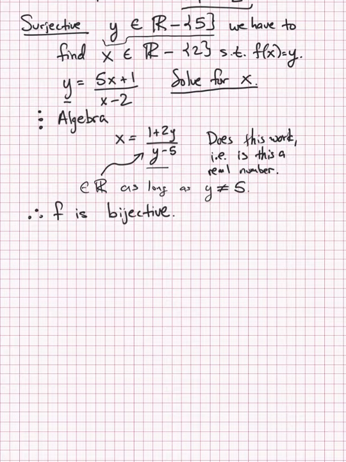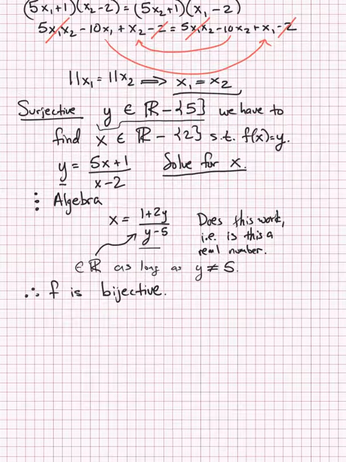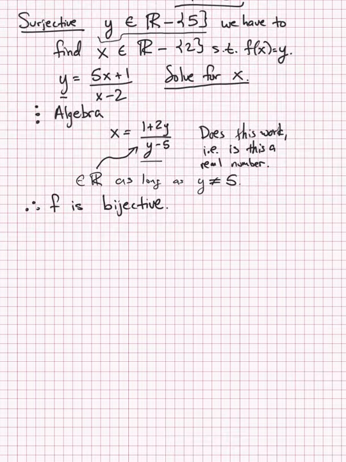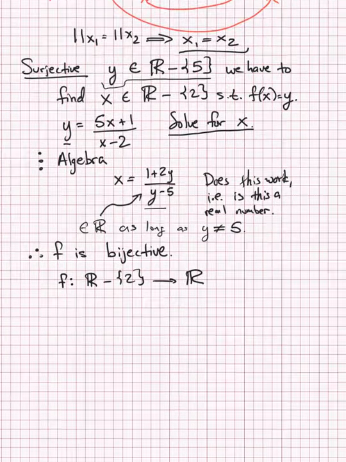But notice again, being a bijection strongly depends on what your domain and your range are, right? So I could have defined f going from the real numbers minus 2 to the real numbers, given by the exact same formula.